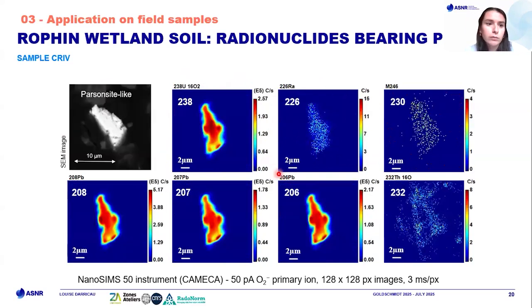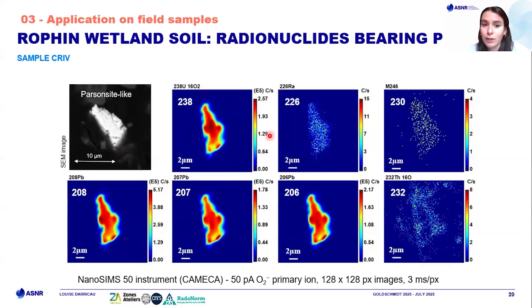And last one, for example, we have a parsonsite-like mineral. Parsonsite was a uranium ore that was exploited at the Raufin site, so really close to the primary mineral.